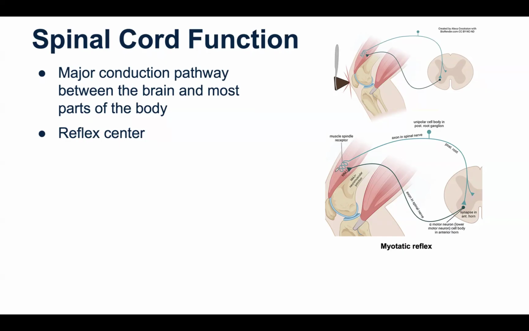There are portions of the head that are solely innervated by, say, cranial nerves, but for the most part, the span of the spinal nerves is quite large. Also importantly, it's going to be a reflex center, so much more to come on reflexes in the weeks to come. But you can see a myotatic reflex illustration over here.